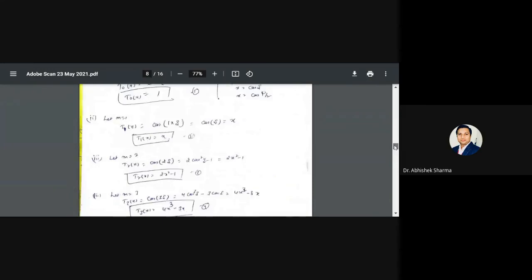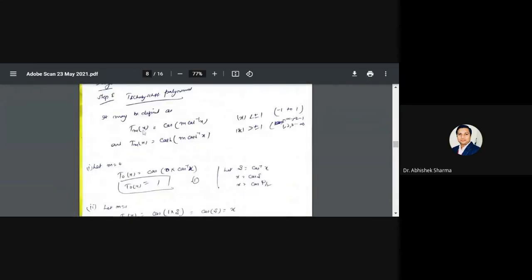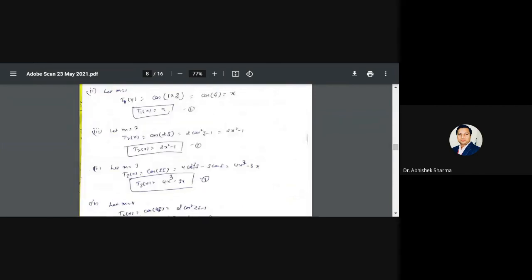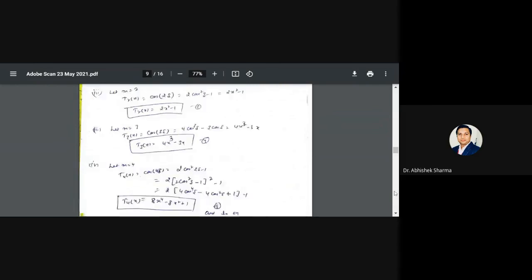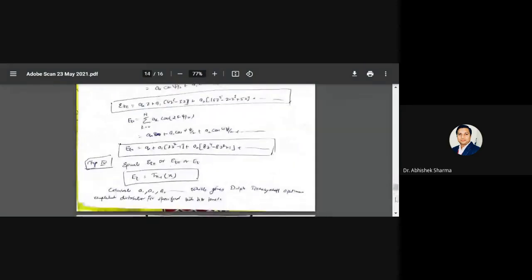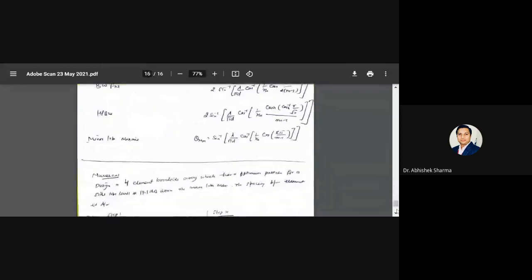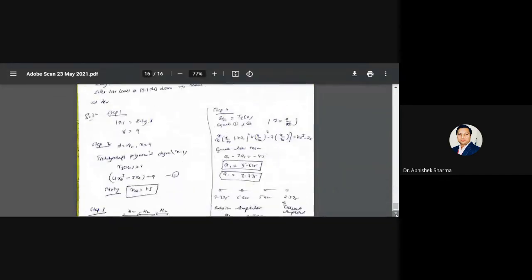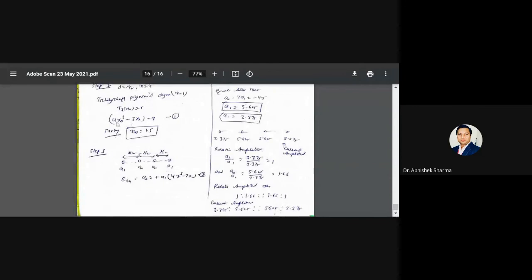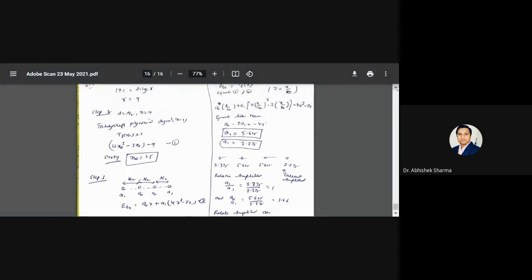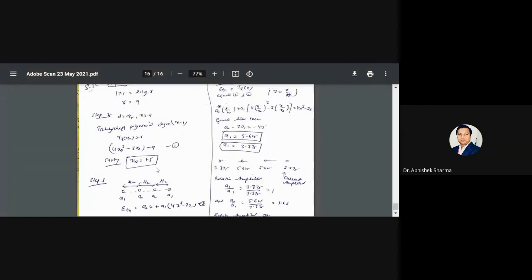Or you just need to remember that Tm x is equal to cos m cos inverse x, so you can easily find this out if you do not remember. So 4x cube minus 3x. Putting it, 4x naught cube minus 3x naught is equal to R. R we have already calculated, that is 9. So from here x naught is 1.5.